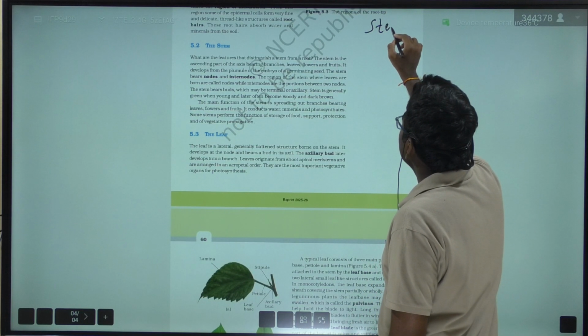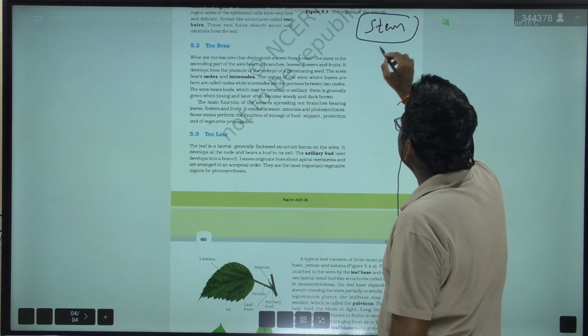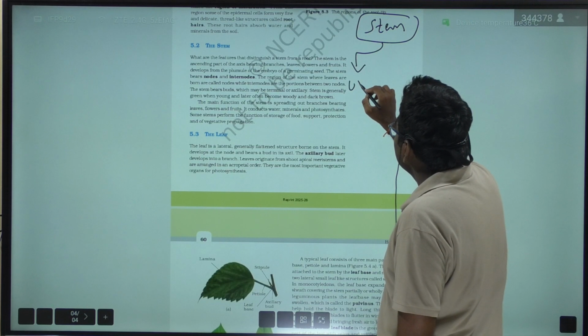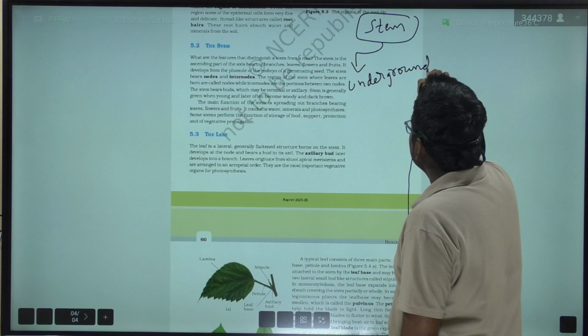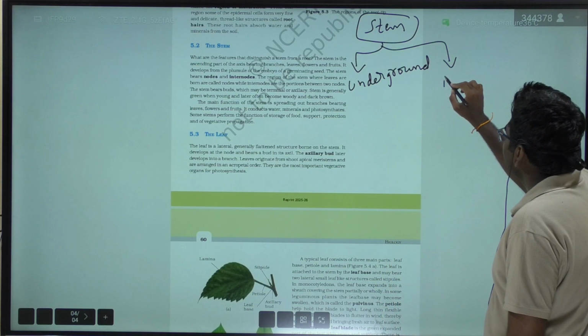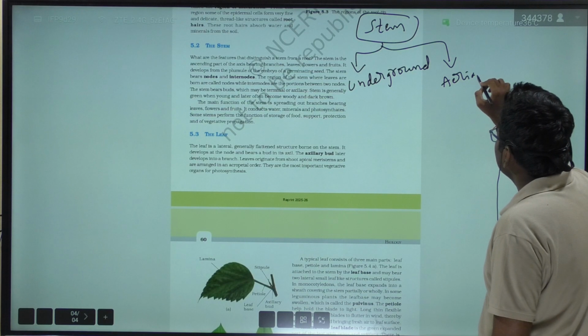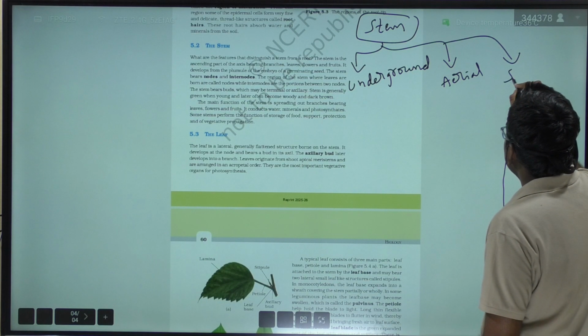That is underground, aerial and subaerial.